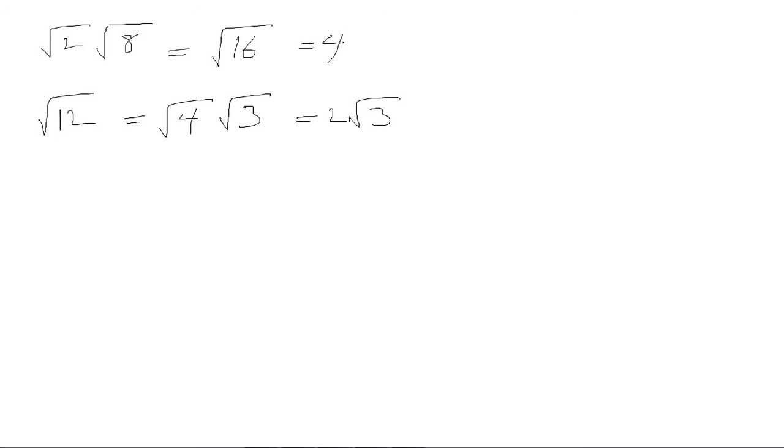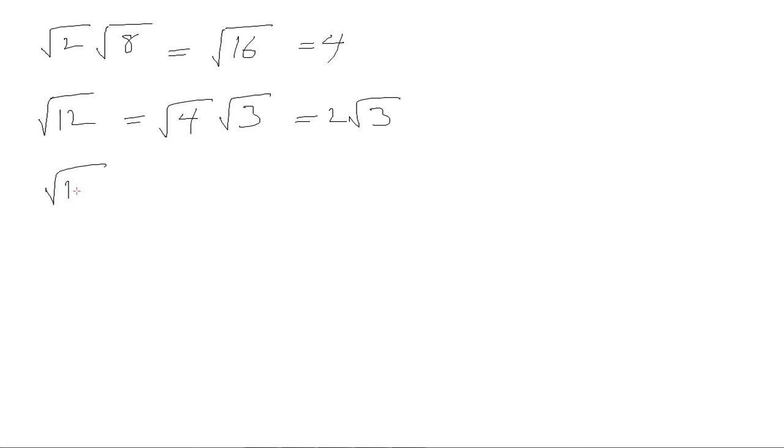But if I write 12 as 4 times 3, then since 4 is a perfect square, I can write 2 for radical 4, and I am simplifying the expression. So that's what I'm doing here. I'm asking myself, how can I write 12 as the product of a perfect square and another number? And the answer would be 4 times 3.